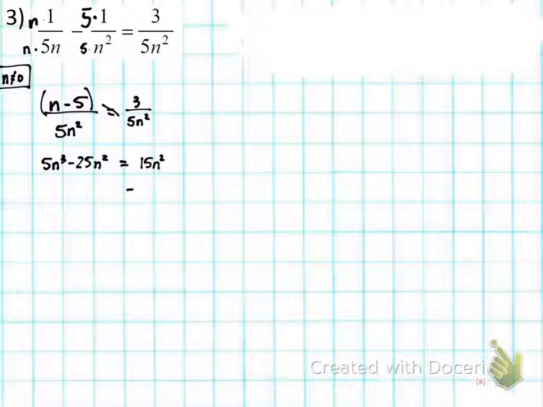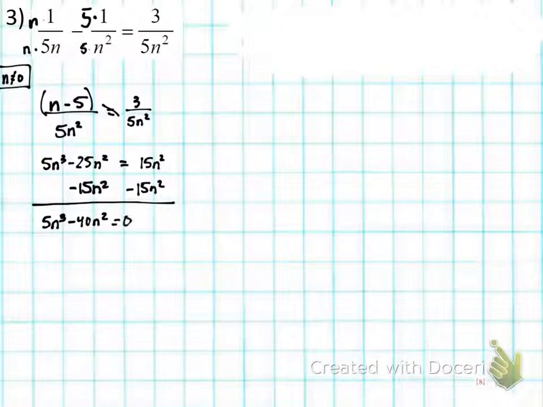Then we want to combine like terms. I'm going to subtract 15n squared on both sides. We're all doing this together. Negative 25 minus 15 is negative 40n squared.